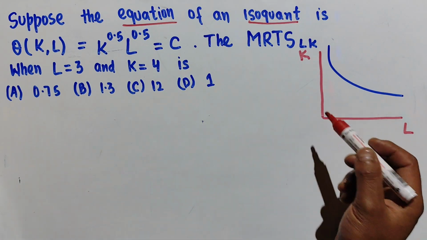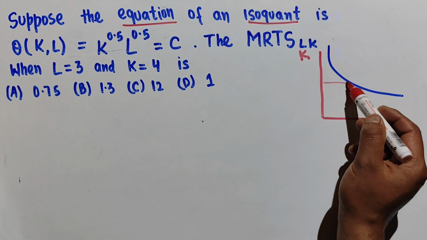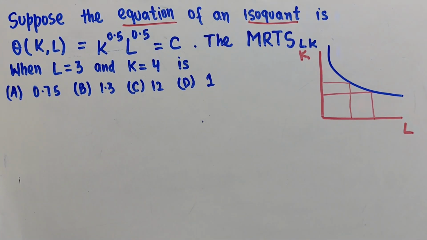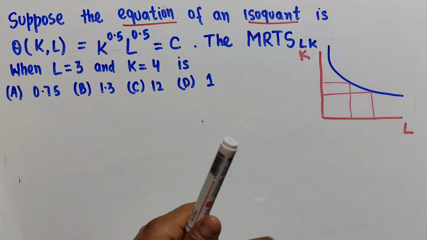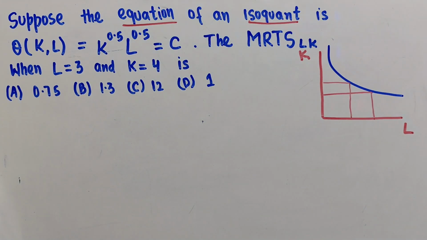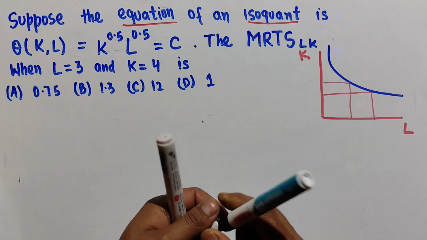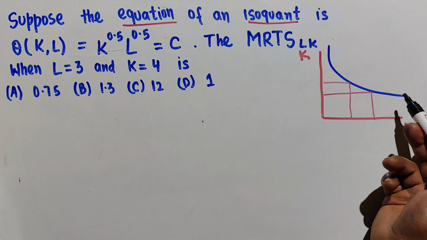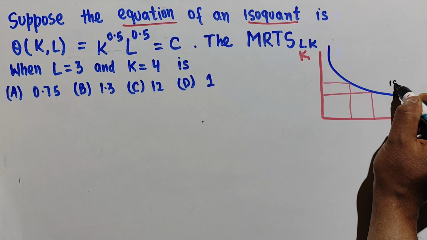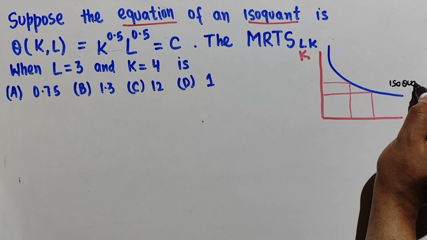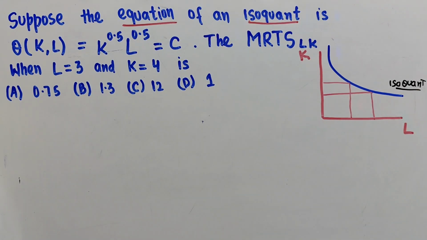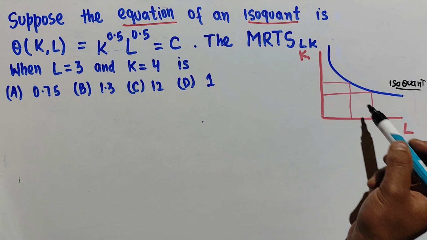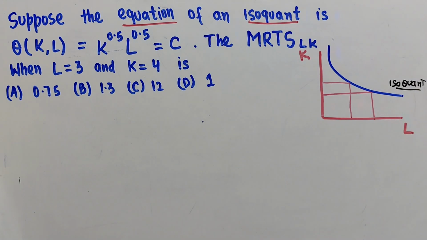Isoquant shows us different combinations of capital and labor which gives us the same level of output. So the very basic definition of the isoquant is this curve which I have drawn here, it is actually our isoquant. So this isoquant shows us different combinations of capital and labor which gives us the same level of output.